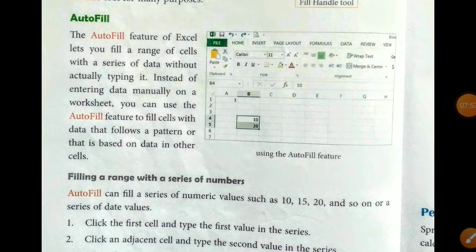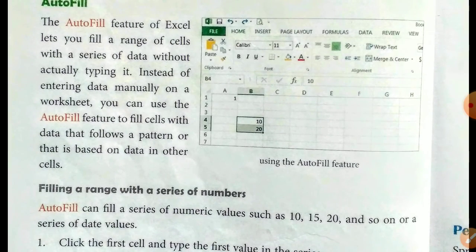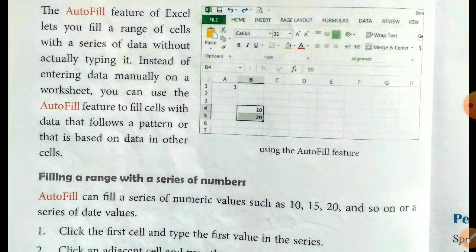Next is autofill. Children, the autofill feature of Excel lets you fill a range of cells with a series of data without actually typing it. Instead of entering data manually on a worksheet, you can use the autofill feature to fill cells with data that follows a pattern or that is based on the data in other cells.